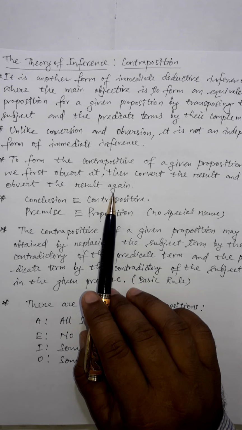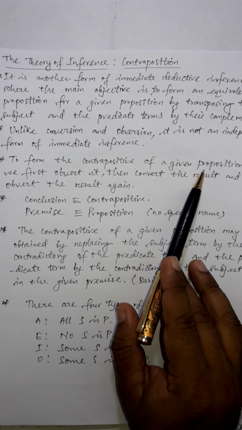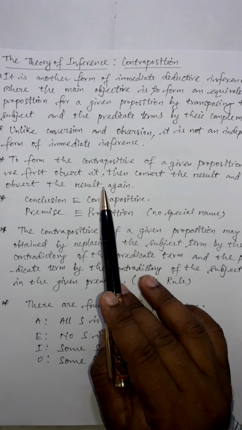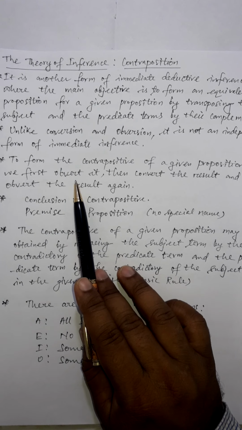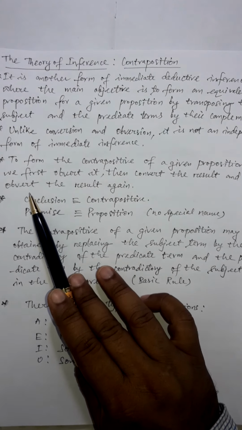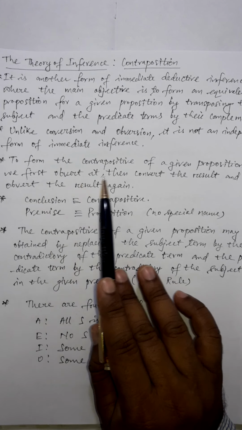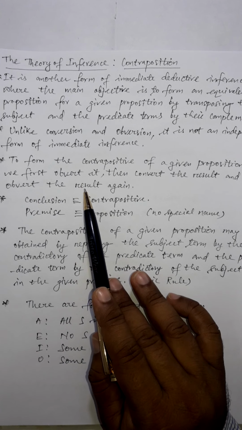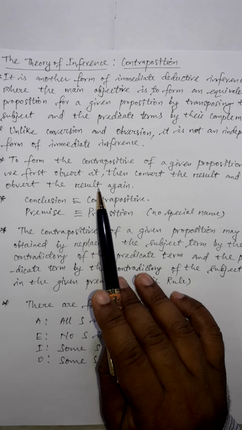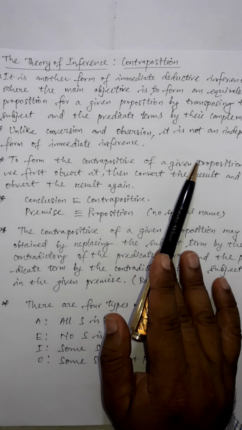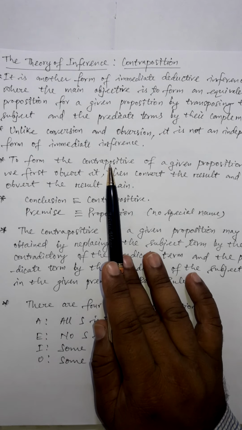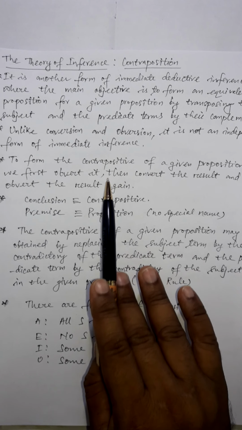That means we get the contrapositive of a given proposition in three stages: obversion, conversion, and obversion again. After these three steps we get the contrapositive, which will be logically equivalent to the given proposition.